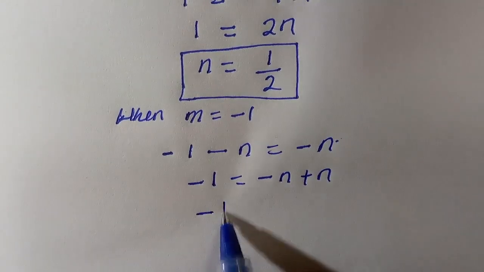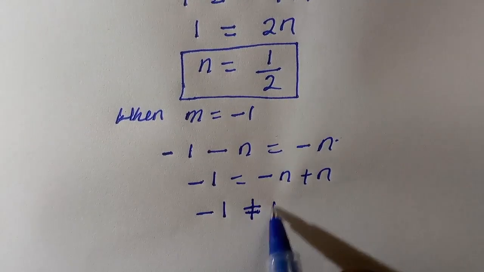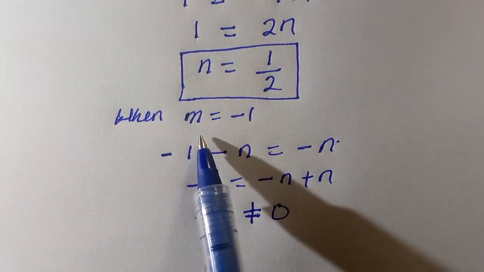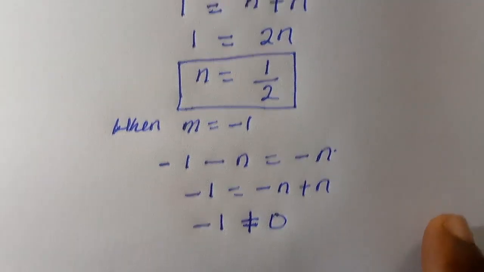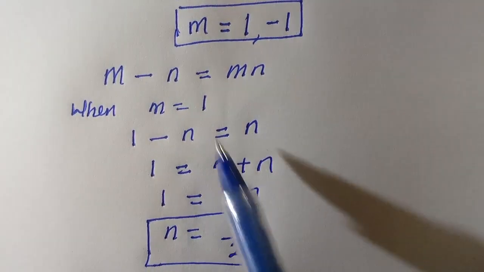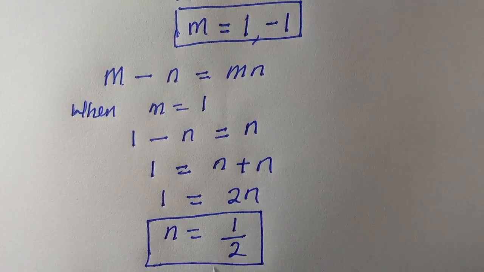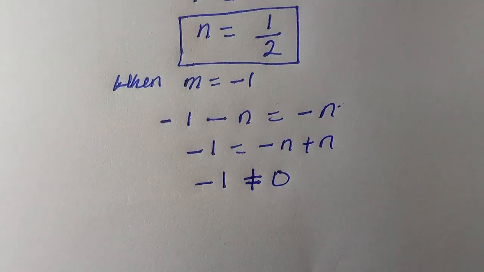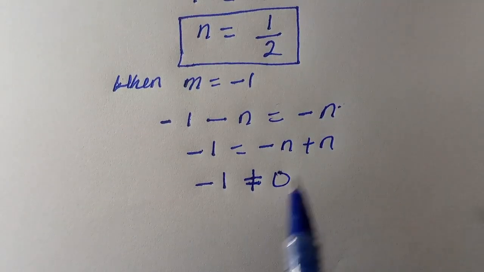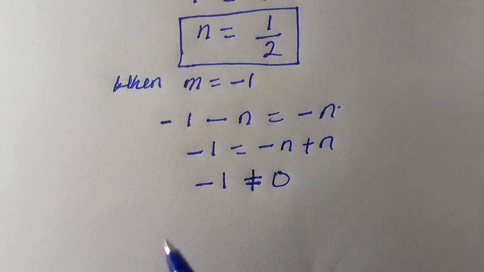So at this point, minus 1 is not equal to 0, which means m equals minus 1 is not the solution here. So it is only when m equals 1, n equals 1 over 2 that gives the solution to this problem. And we have to verify if these two really satisfy it.